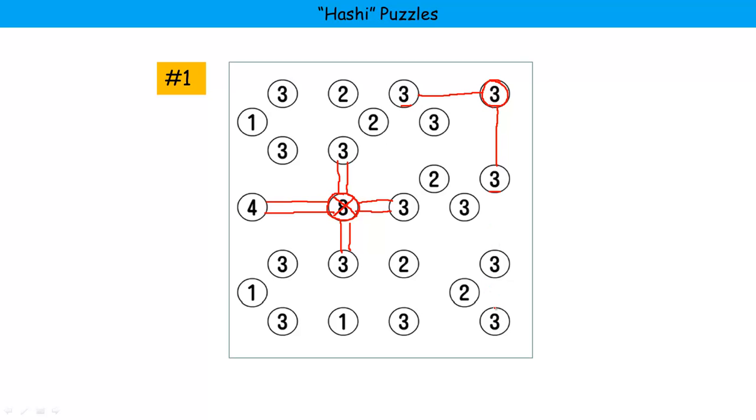See this 3 down here? Well, I know only 1 can go to that, and only 1 can go to that one. Now this 3 over here has more than 2 places it can go, so I'm not going to touch that one. See this 3 down here? I can go 1 here and 1 here. Notice there's no others, so I know that has to be that, but I haven't used up all these 3s.